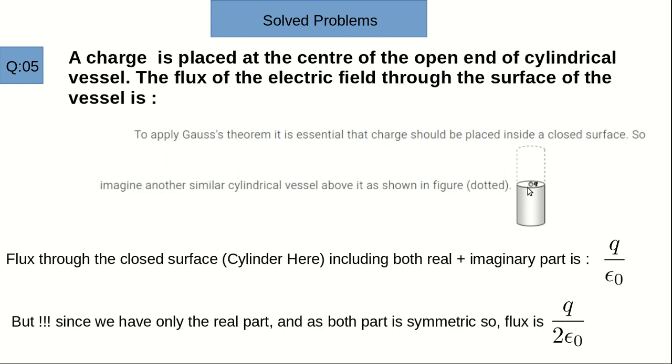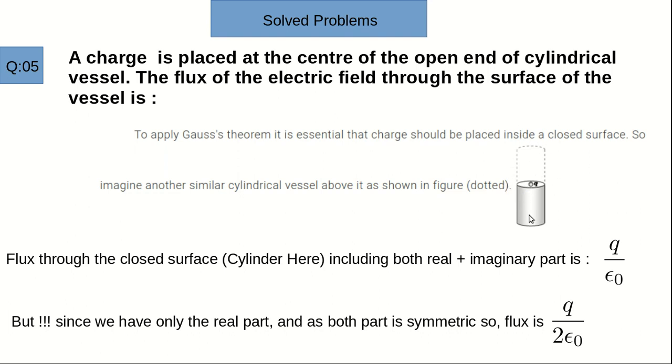Now, for Gauss's law to be valid, as I have described earlier, the integration is over a whole closed surface. So we need to make this surface closed. If we make this surface closed by imagining the other half of the cylinder, then as we know, irrespective of the size and shape of the surface, if there is some charge inside a closed surface, the total flux will be q by epsilon naught.